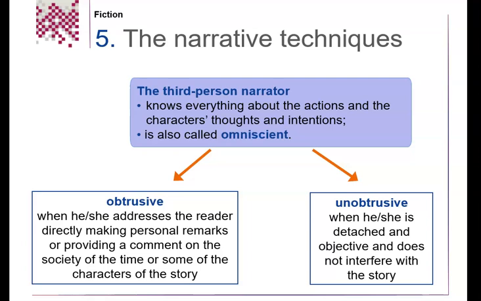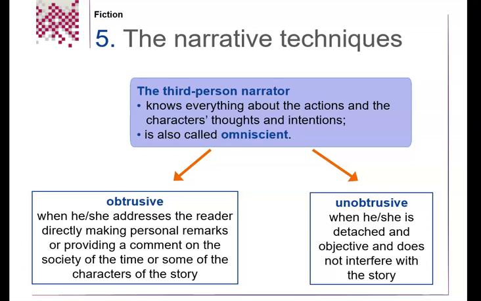The third-person narrator knows everything about the actions and the characters' thoughts and intentions. He or she is also called omniscient. This means that he knows everything. The omniscient narrator can be obtrusive when he or she addresses the reader directly, making personal remarks or providing a comment on the society of the time or some of the characters of the story.